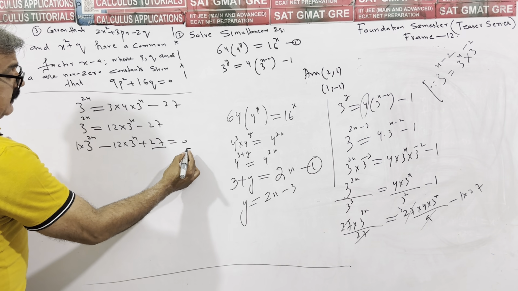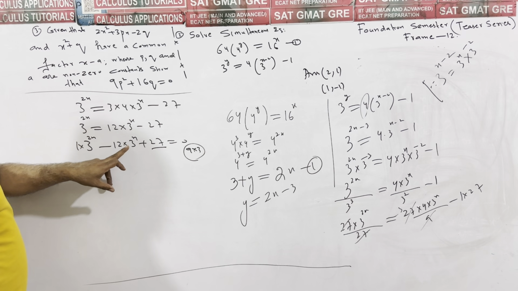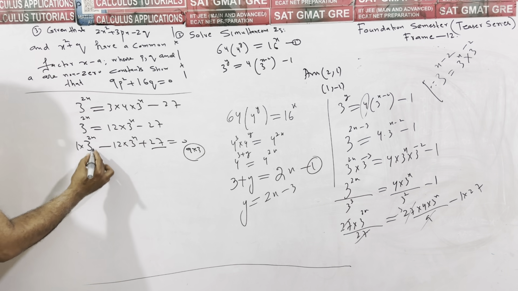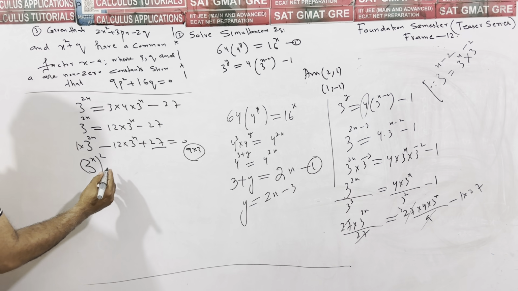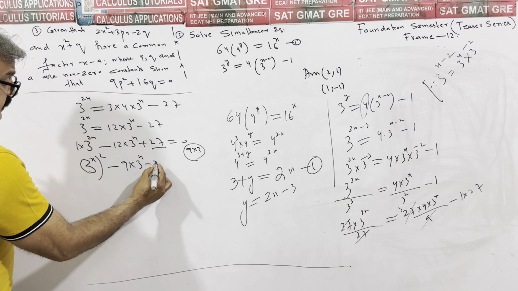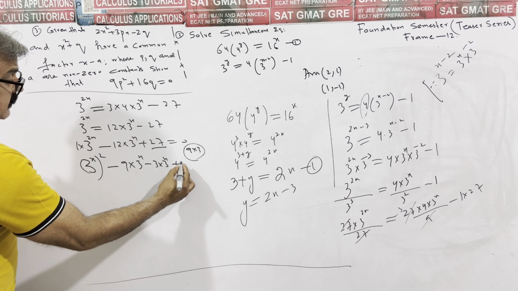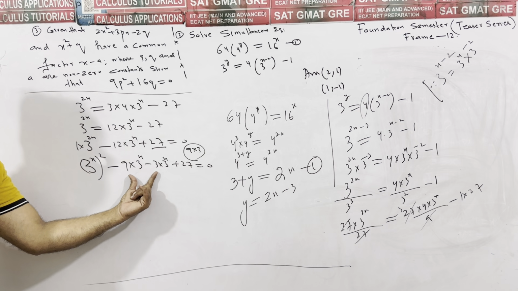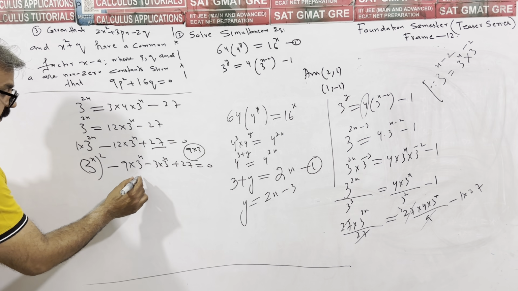1 and 27. 9 times 3 are 27. 9 and 3 make 12. So we can easily manage it. I can write 3 raised to 2x, minus middle-term breakup, 9 times 3 raised to x, minus 3 times 3 raised to x, plus 27 is equal to 0. Look at this: minus 9 minus 3 are minus 12.